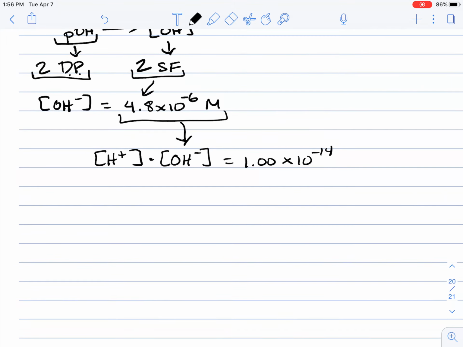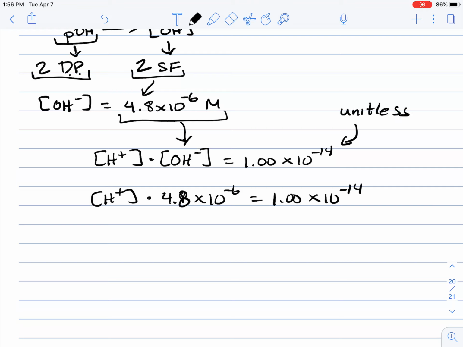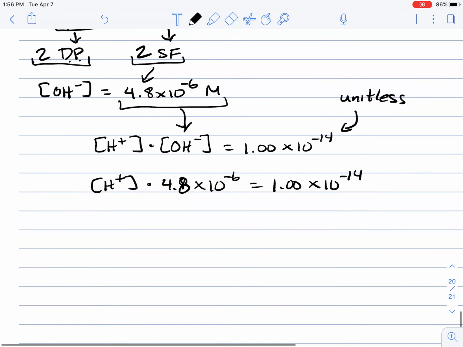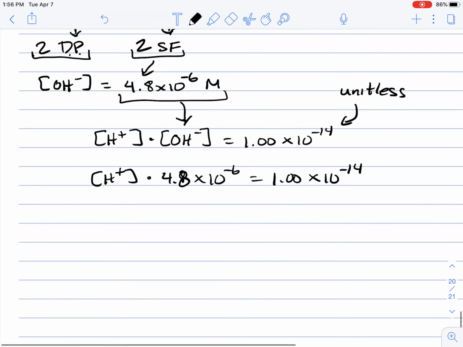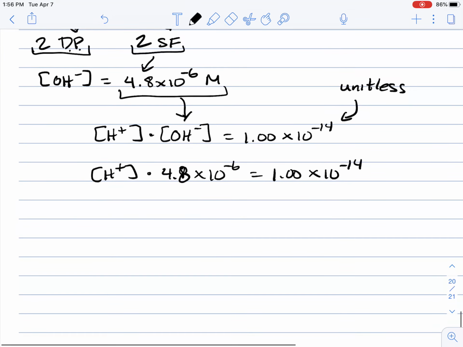And so when I do, I get the concentration of H plus times 4.8 times 10 to the negative 6 is equal to 1.00 times 10 to the negative 14. This value is also unitless. It's not molarity or anything like that. It's Kw. It's a topic that is out of the scope for Chem 104. So just know that it's unitless.